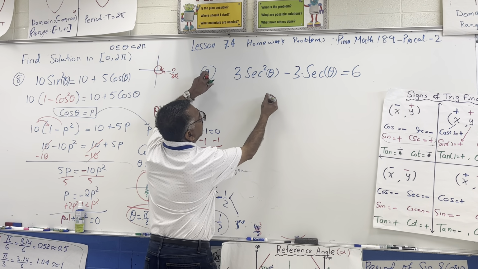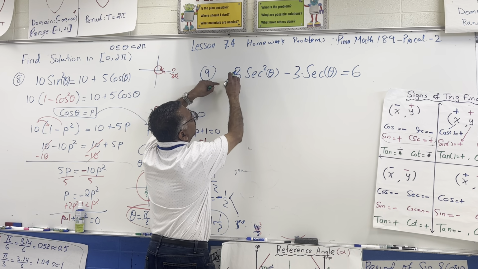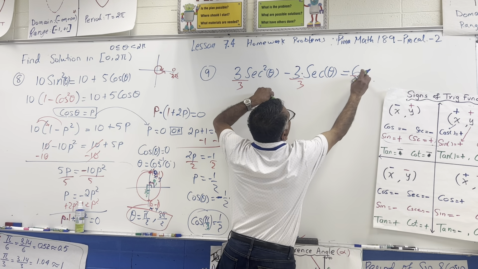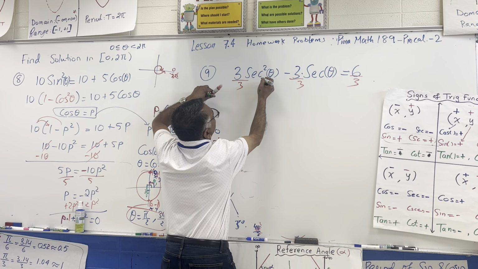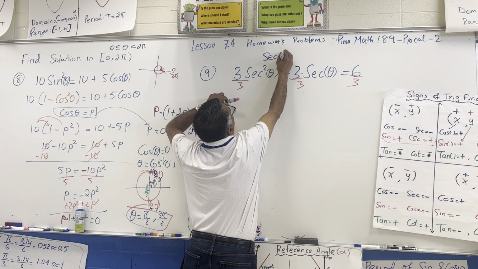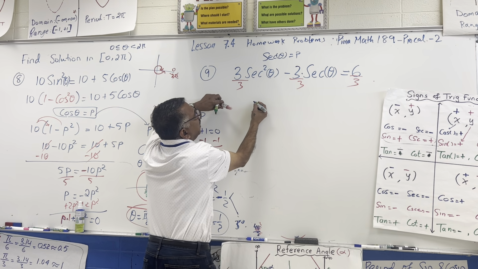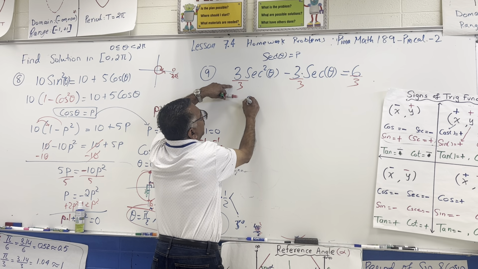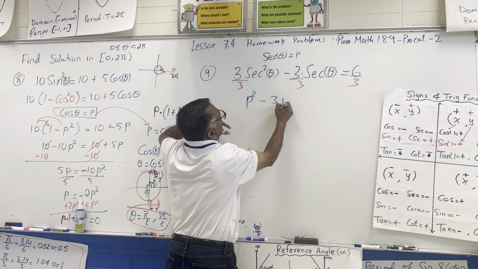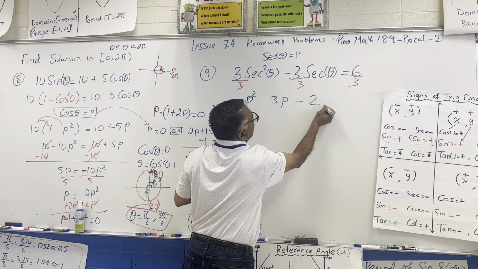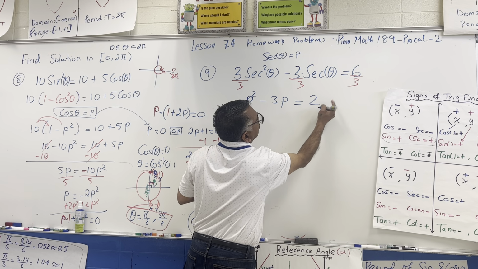Second, the first step I would do is just divide, because you can see there is a 3, you divide this way, and at the same time replace secant theta by, let's put it like a p. So this becomes p squared minus 3p minus 2 equals 2, right?